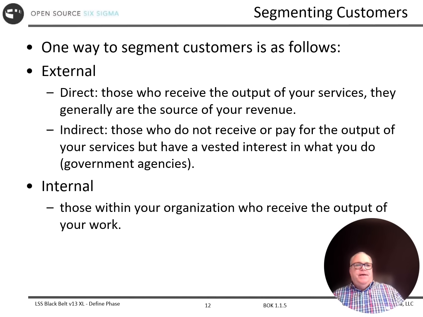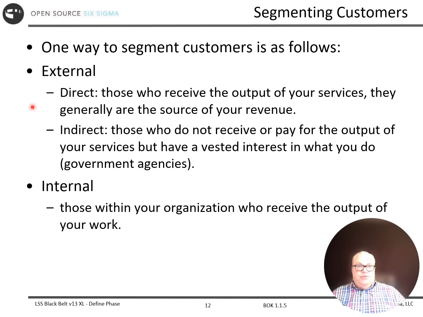So to answer the first question, who are our customers? We may or may not know the whole breadth of who it is that we serve. We can look at it in a couple of different ways. There are a lot of different segmentation methods, and we just talk about a few here.